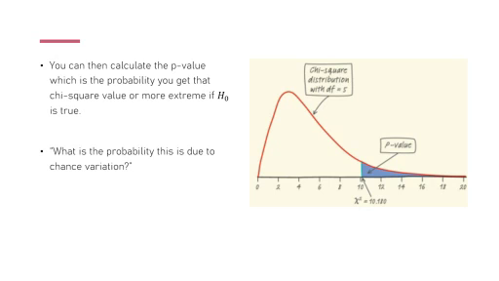Again, it uses a p-value, and just like with our other tests, it's asking what's the probability that this is a chance variation. If your p-value is less than the significance level that was given, then you are going to reject it.